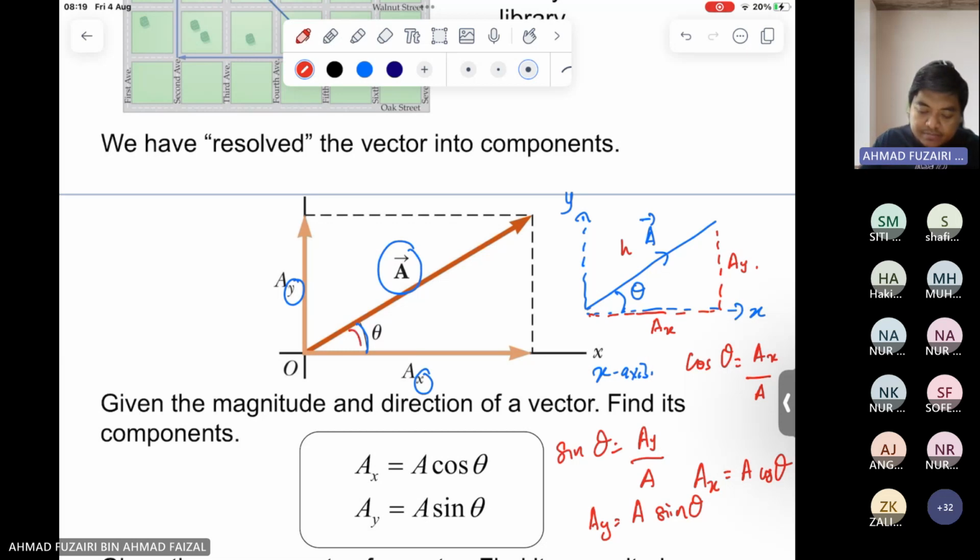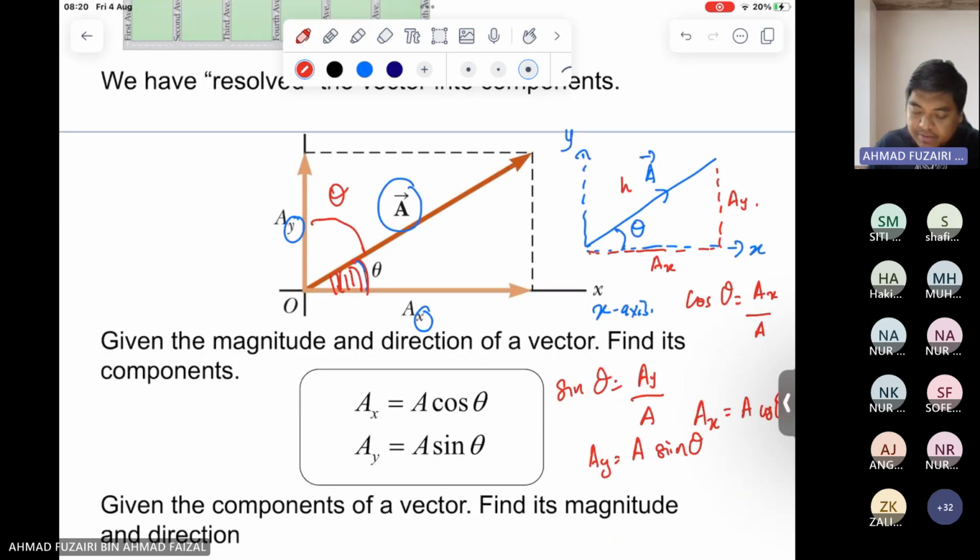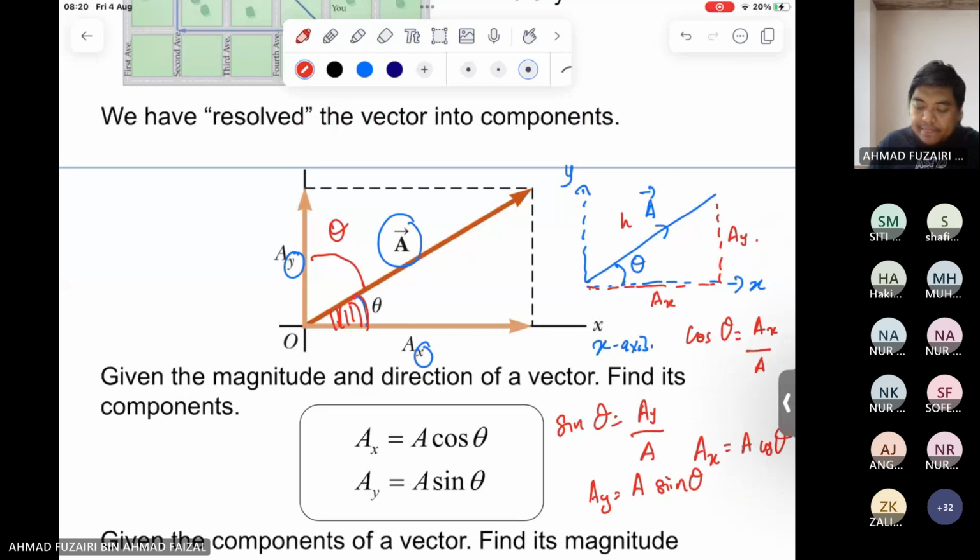Dia duduk dekat sini. Ni angle. But there will be some consequences where we can have an angle over here. Saya tunjukkan balik. This is AY, A sin theta, AX, A cos theta.